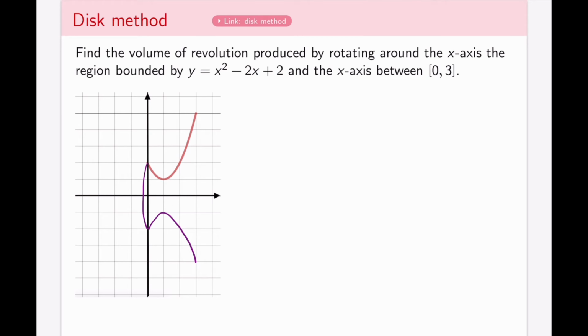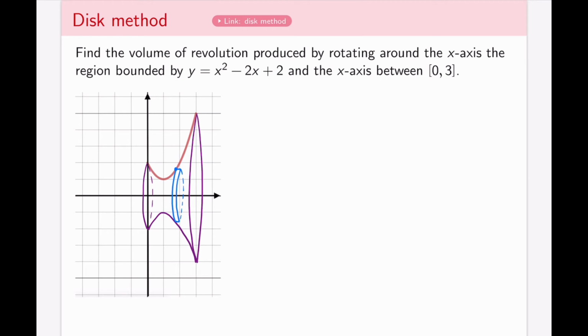So this guy, to make it look three-dimensional, looks something like this, rotated around the x-axis. Now I'm going to go somewhere in the middle, let's say right here. It really doesn't matter where you go. But in all of these questions, you really have to draw in the typical disk so you can see what your corresponding radius and corresponding height will be.